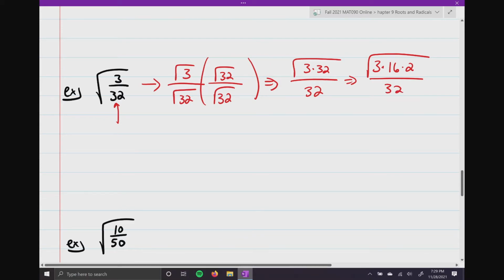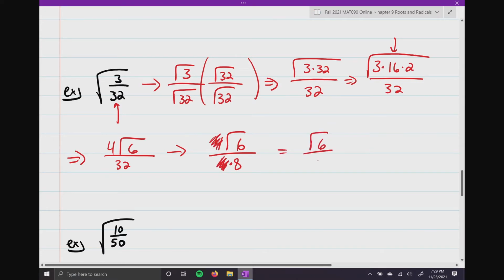Now, the reason why I did that is because I know right here in the middle, that square root of 16 is going to be 4. So I get a 4 out front, and then 3 times 2 is 6 left over on the inside. And finally, I can reduce this fraction because 32 is 4 times 8. And the 4's will reduce to give me the square root of 6 over 8.